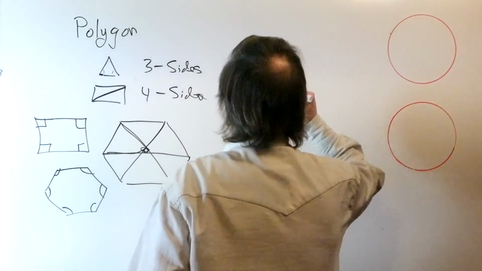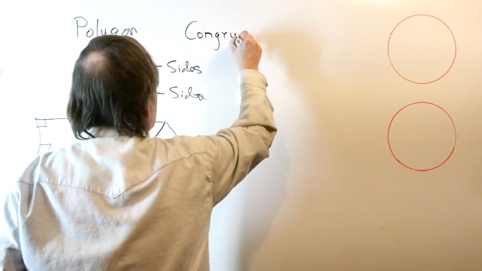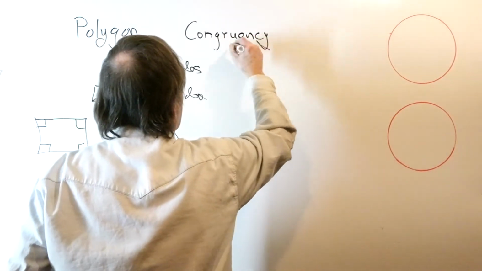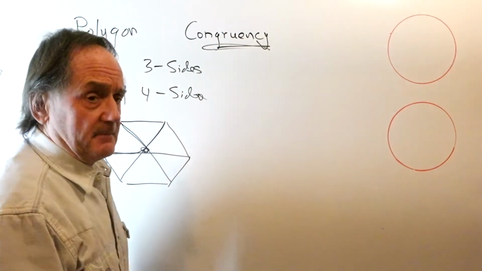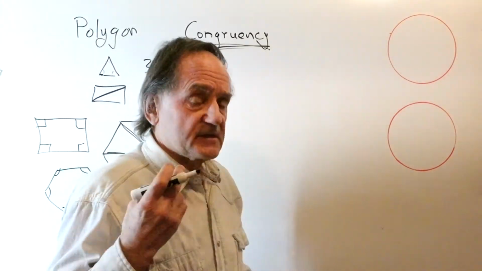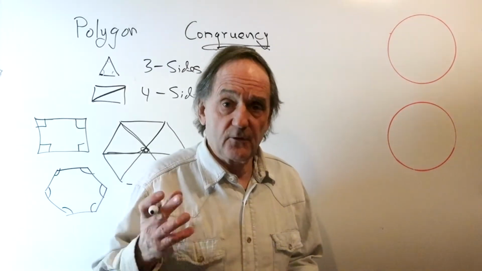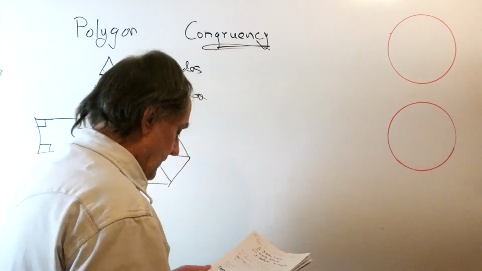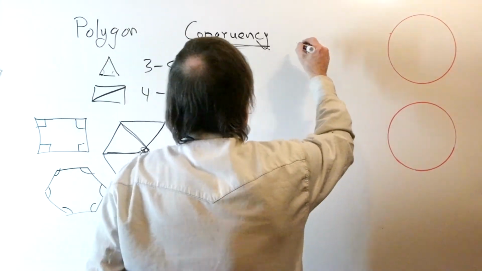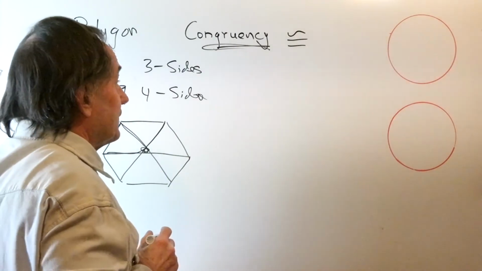Now, there's a term that we use. It's called congruency. Congruency means the same. That is, 2 figures that have the same size and the same shape are called congruent. They're exactly the same. Now, the symbol we use for congruency is an equal sign with a squiggle on top.